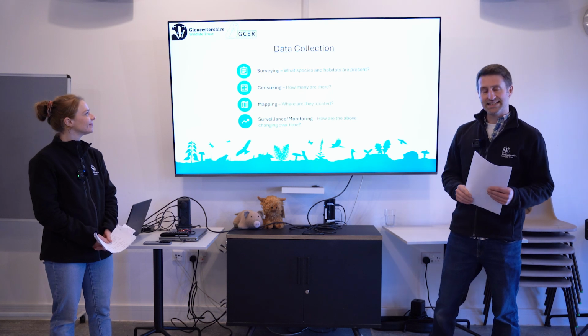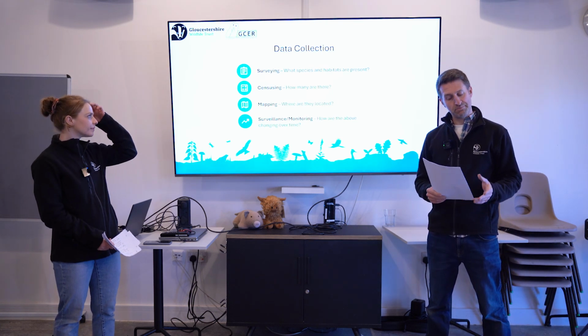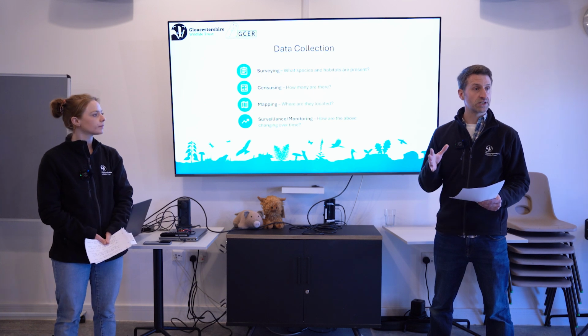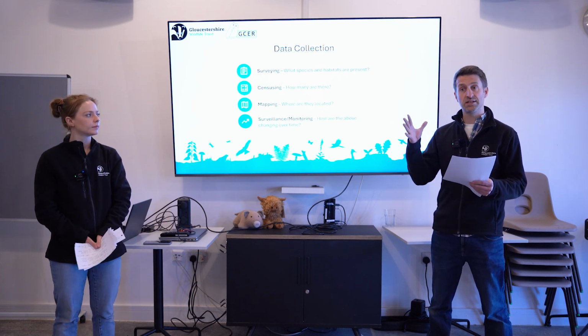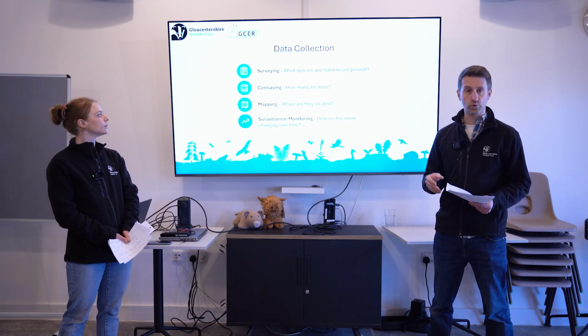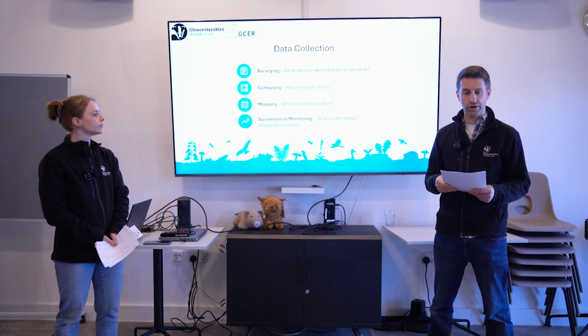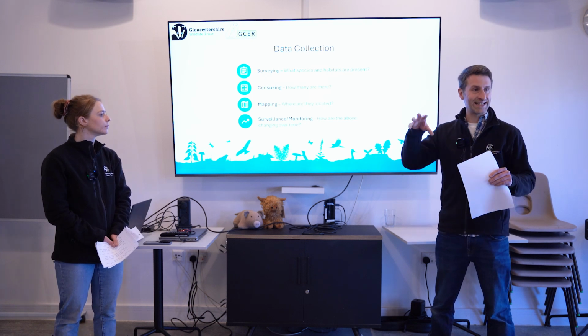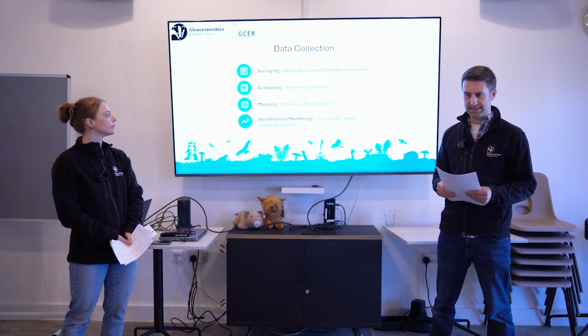So, data, we can gather it in many different ways. We've got surveying, so that is going to a site. We survey it to see what species are there or what habitats are present. We can census, so we can count the number of those species that are there. And then obviously we can map as well, so we can see exactly where those things are located.